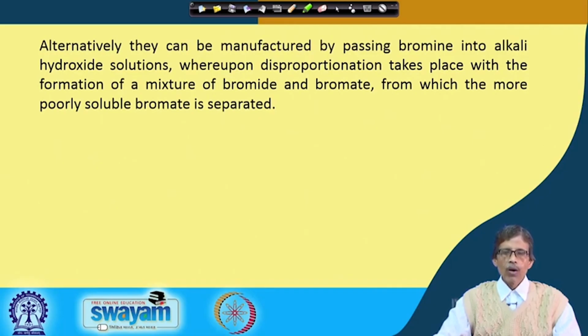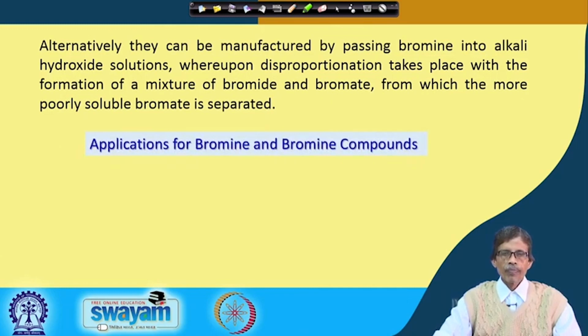If you have this typical alkaline medium, it can go for this particular disproportionation reaction, and if we try to get the reverse one, that means the combination of bromide and bromate mixture to produce elemental bromine, we have to go for an acidic medium. In that particular case, the H2SO4 medium is sufficient to combine bromide and bromate to produce Br2, and the alkaline medium is sufficient to give you the corresponding disproportionation into bromide and bromate mixture.